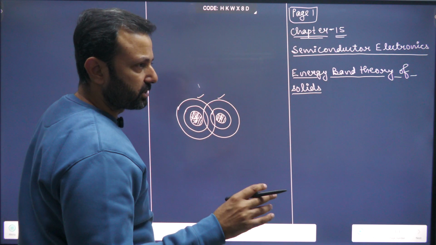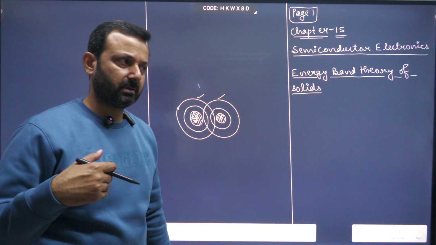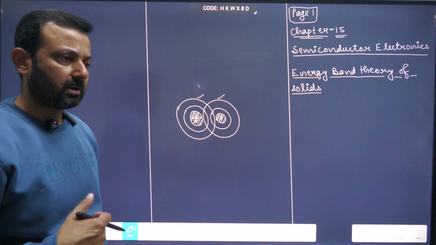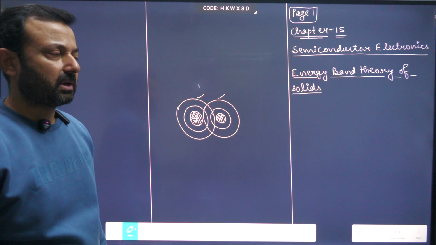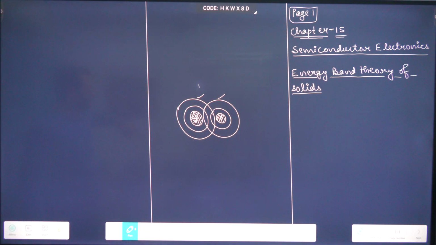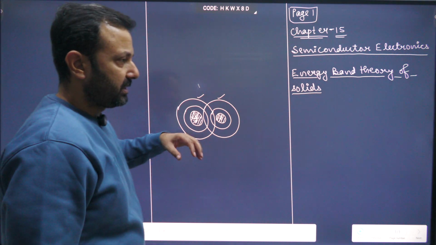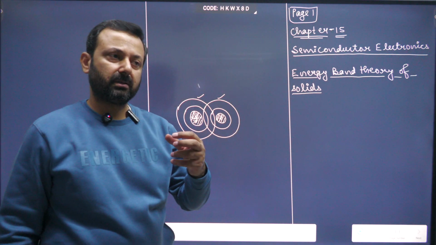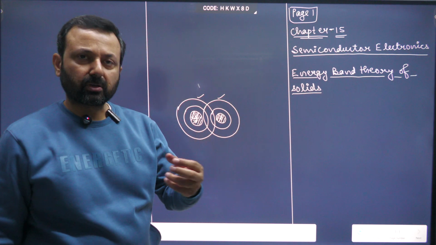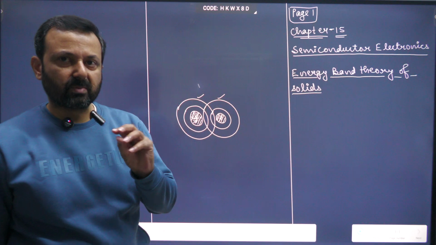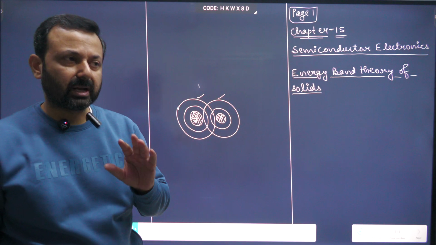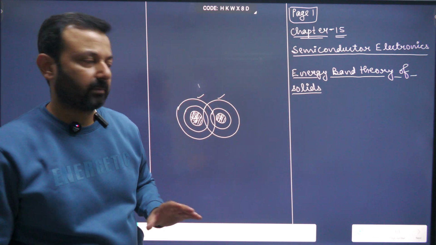When these outermost shells interact, means touch or collide with each other, the electrons in these outermost shells are called valence electrons. We know that the electrons in the outermost shells are called valence electrons. So when such valence shells are brought close to each other, they form a band, and that band is called the valence band.